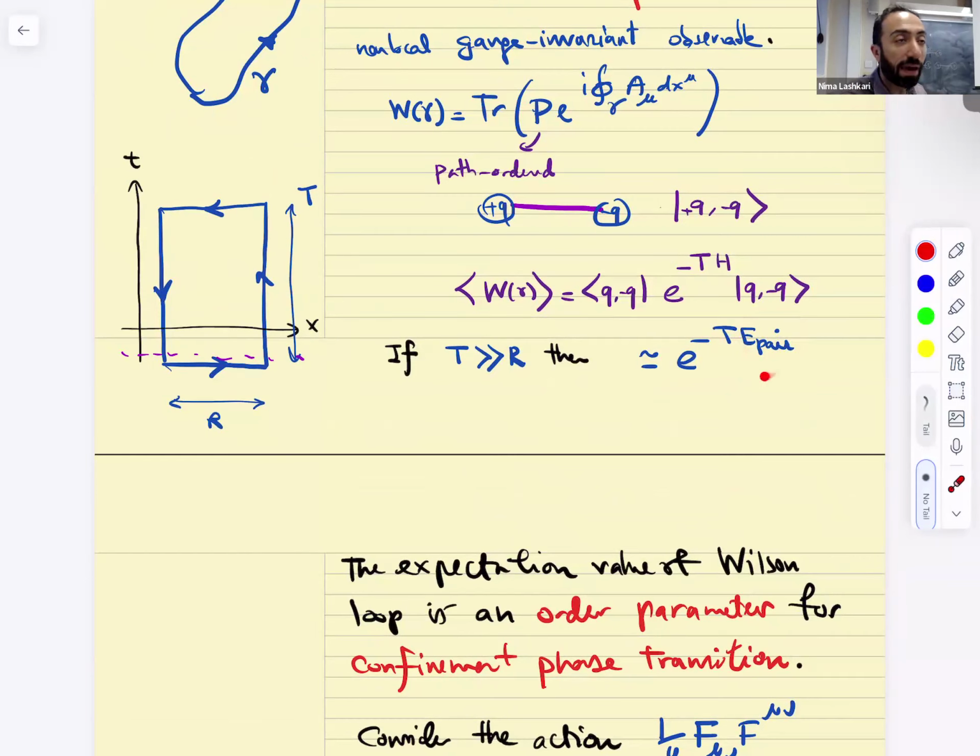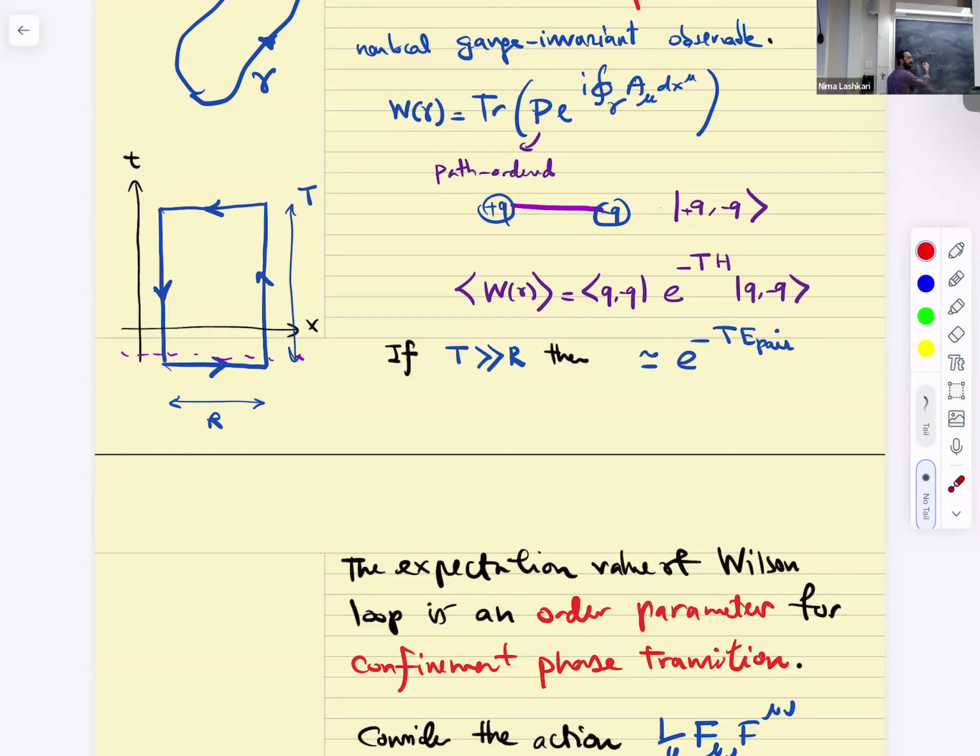the energy of the pair as a function of R is going to look like... take a guess. Think about the pair. We're talking about the deconfined phase.